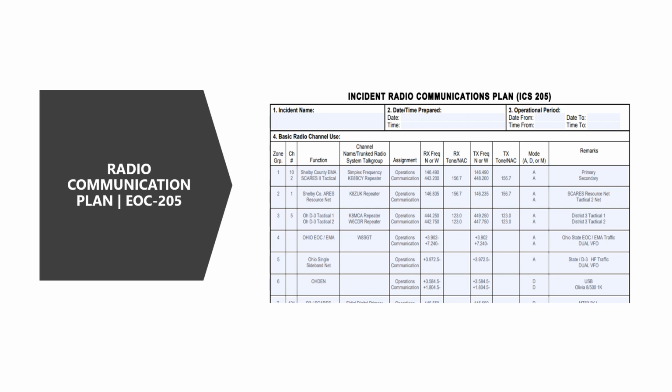So if we are communicating from the field into the EOC, or the EOC is communicating out to any agencies, any facilities that we're using, if we have a direct line for radio communication from the EOC to a family assistance center, to the volunteer reception center, anything like that, we want to know what channel we need to be on, who's going to be monitoring that channel, all of that information. We're collecting that here in the 205.